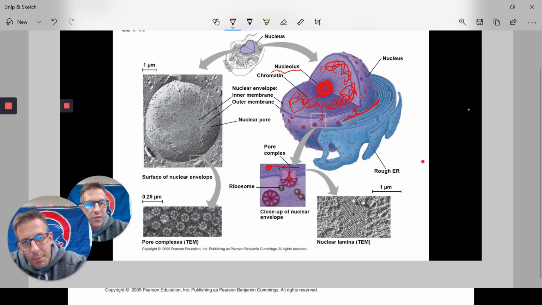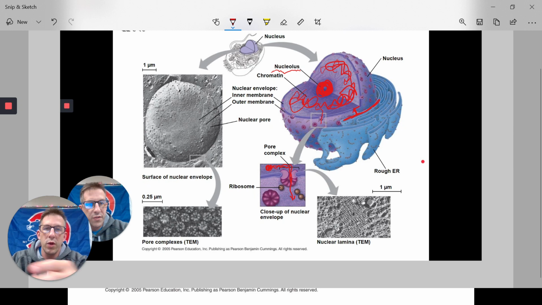That messenger RNA leaves the inner part of the nucleus by way of the nuclear pores. Once the mRNA strands are out of the nucleus, they combine with the ribosome and make proteins.